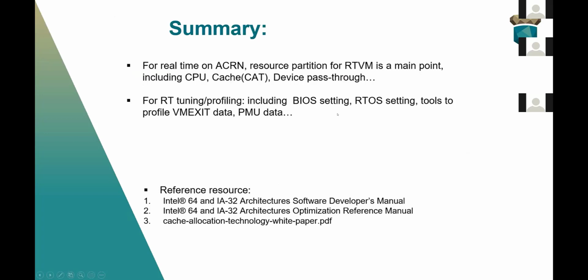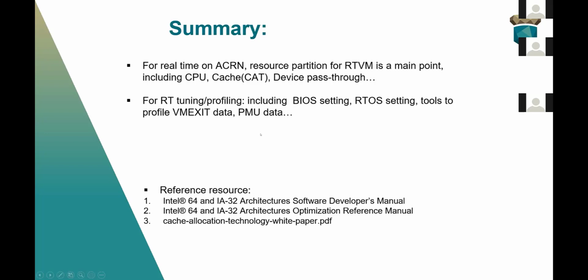Okay, now I will give you a short summary. For real time on ACRN, the resource partition is important for RTVM. We call it the main point. It includes the CPU, the cache, and the device pass-through, and some others. Also for the RT tuning and profiling, the BIOS setting or RTOS setting are usually the same as the native environment.